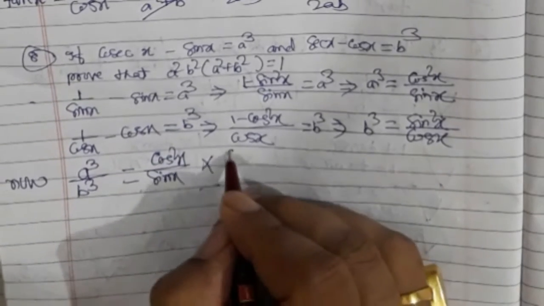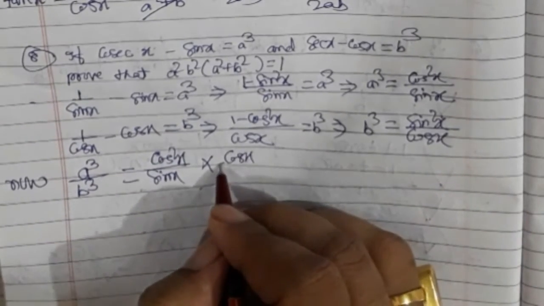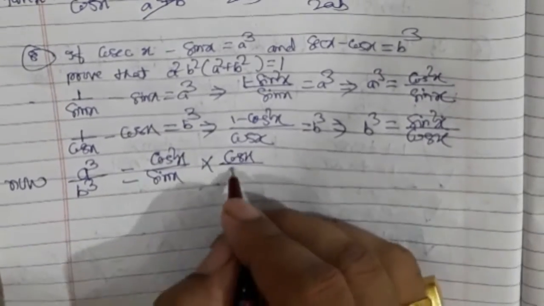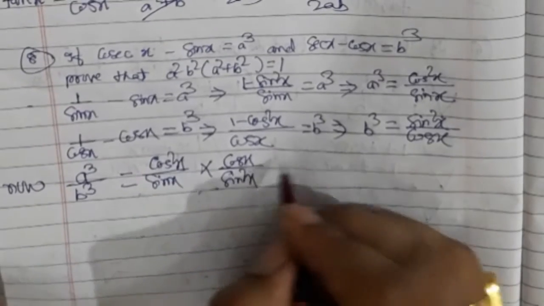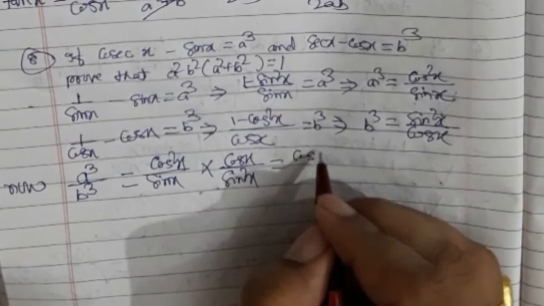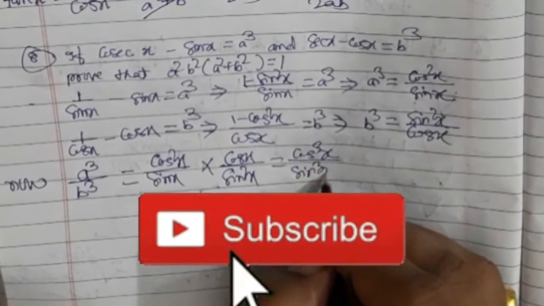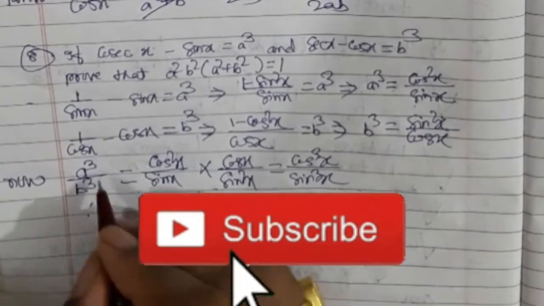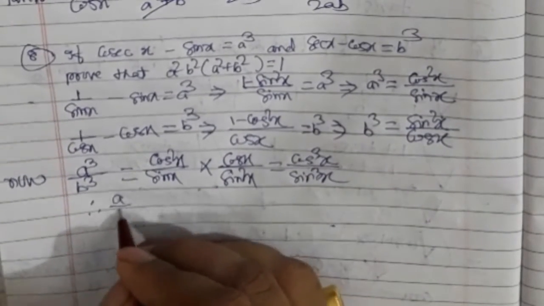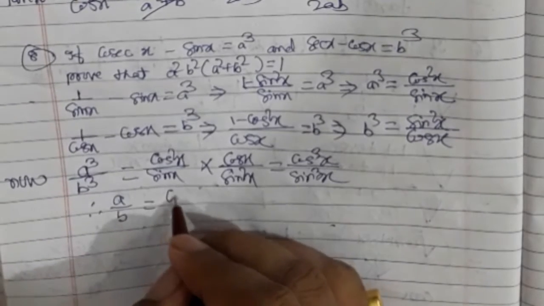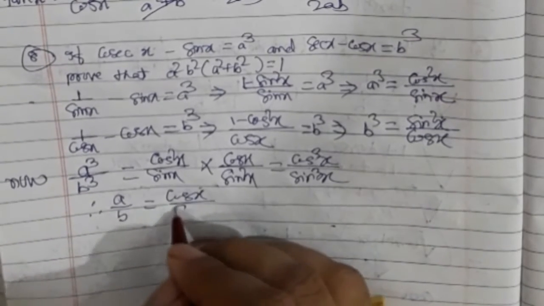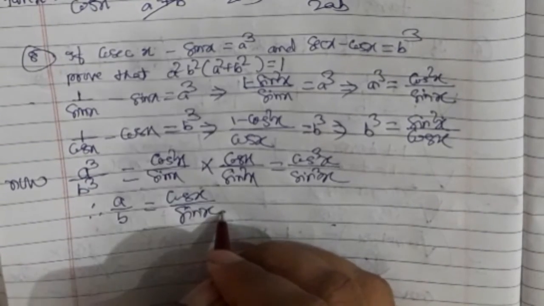We can write this as cos x by sin x, and so a cube by b cube is cos to the power 3x by sin to the power 3x. Therefore we can write a by b as cos x by sin x.